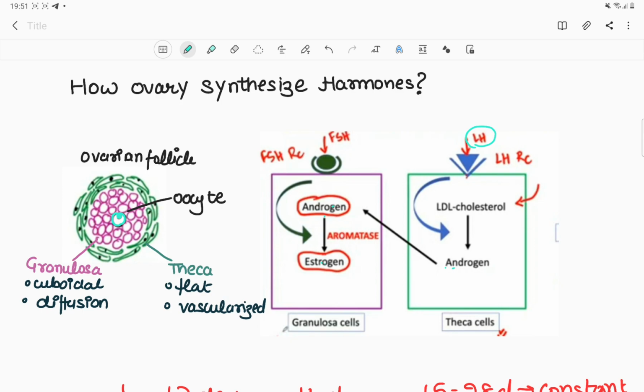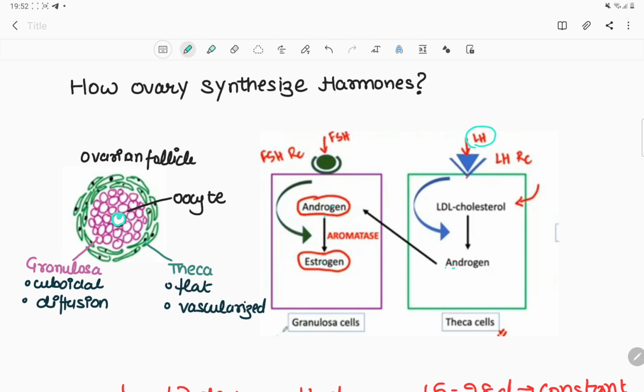For this, we have to understand the structure of the ovarian follicle. As you can see, the ovarian follicle contains the oocyte in the center, surrounded by two types of cell. One is the granulosa cell, which is of cuboidal shape, and they are further surrounded by theca cells that are flat in nature. On the right side of the picture, you can see theca cells.